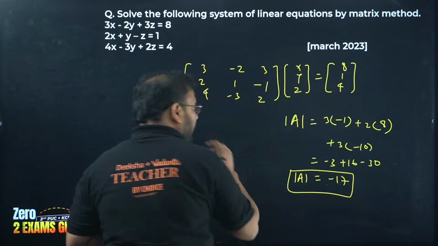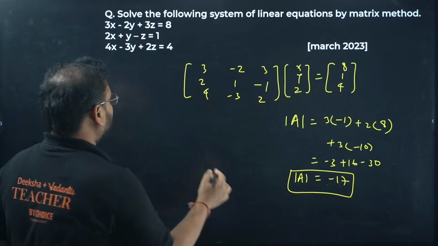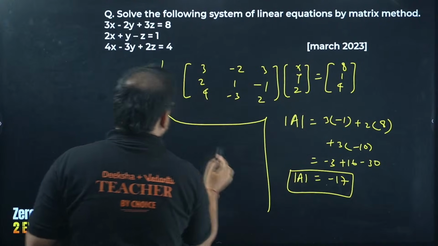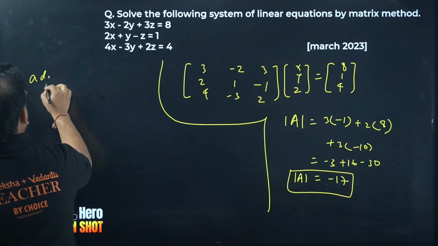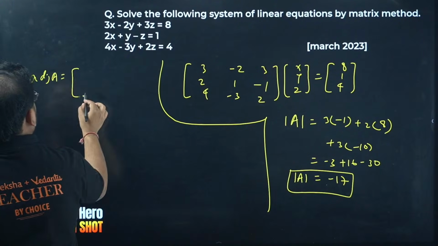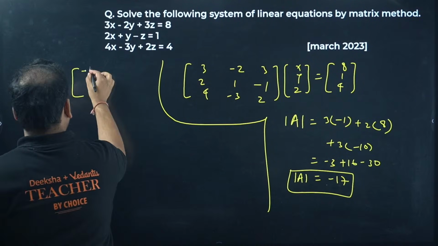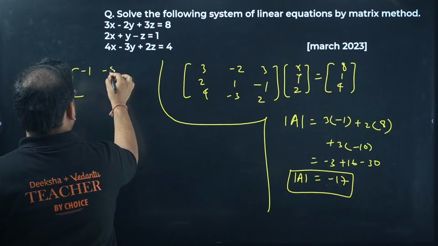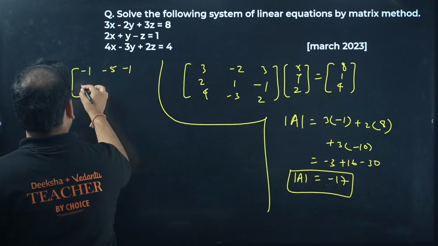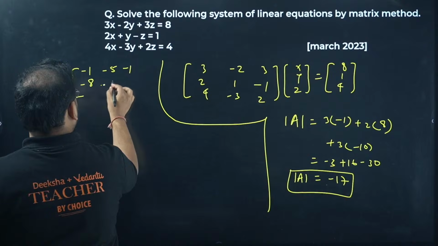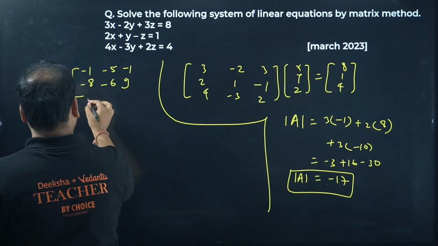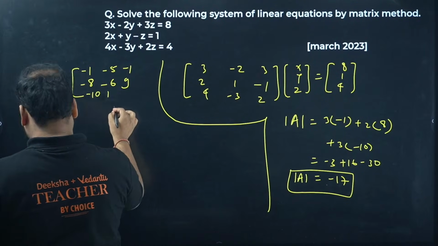I already taught you how to find the adjoint, a couple of questions back. So use the same approach to find the adjoint. You will get the adjoint value as, I have the result here with me, minus 1, minus 5, minus 1, and we have minus 8, minus 6 and 9, minus 10, 1 and 7.